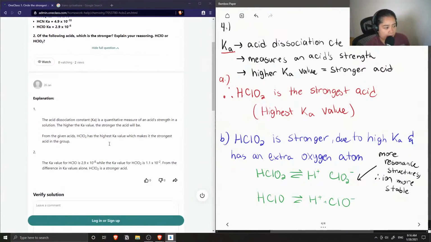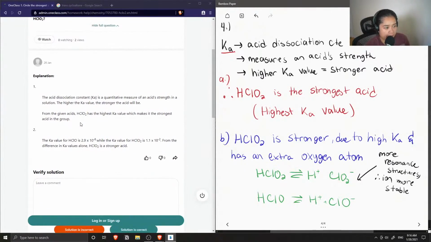Okay, so the junior tutor said that the acid dissociation constant Ka is a quantitative measure of an acid's strength in a solution. The higher the Ka value, the stronger the acid will be. From the given groups, the chlorous acid has the highest Ka value, which makes it the strongest acid in the group.